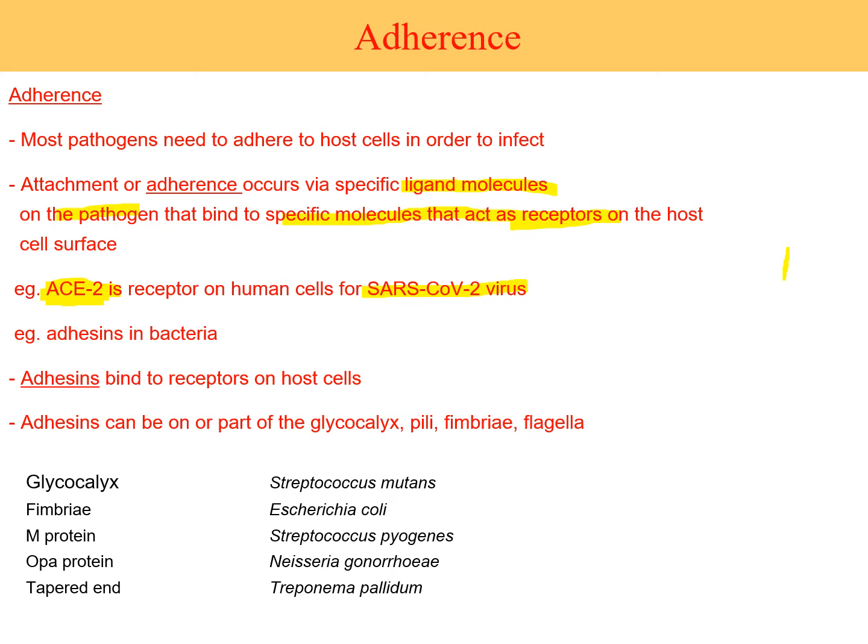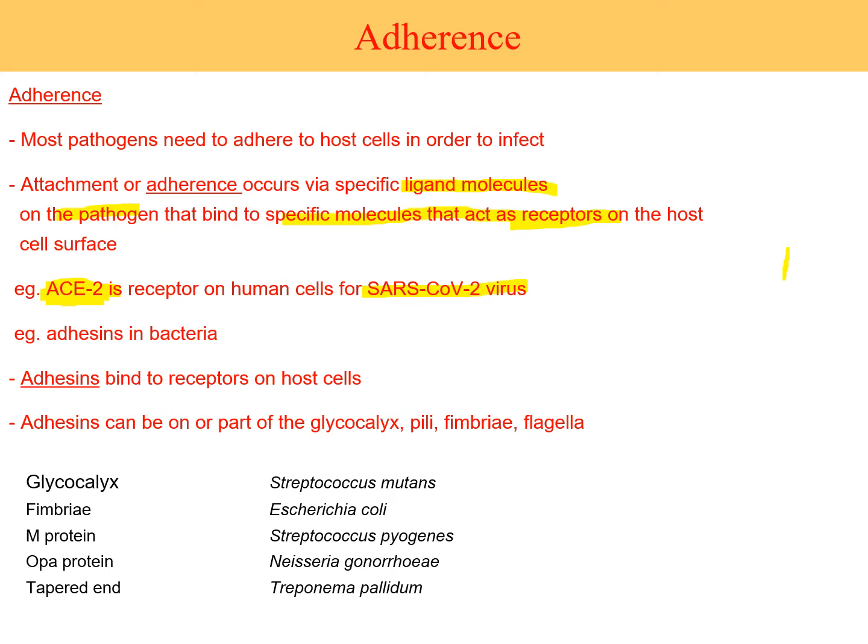With bacteria, you can have types of ligand molecules that are called, in general, adhesins. They will bind to receptors in the host cell. The adhesin may be part of the bacteria's glycocalyx, or it may be on the pili or the fimbria or flagella.